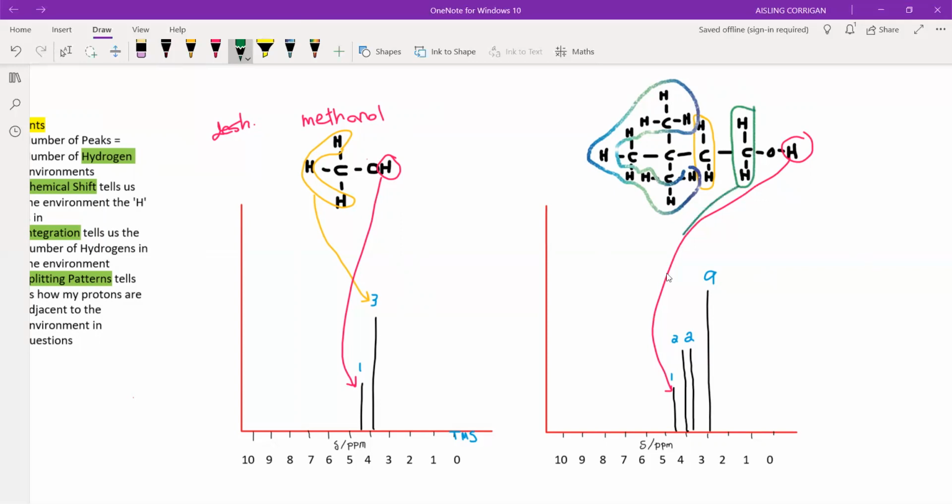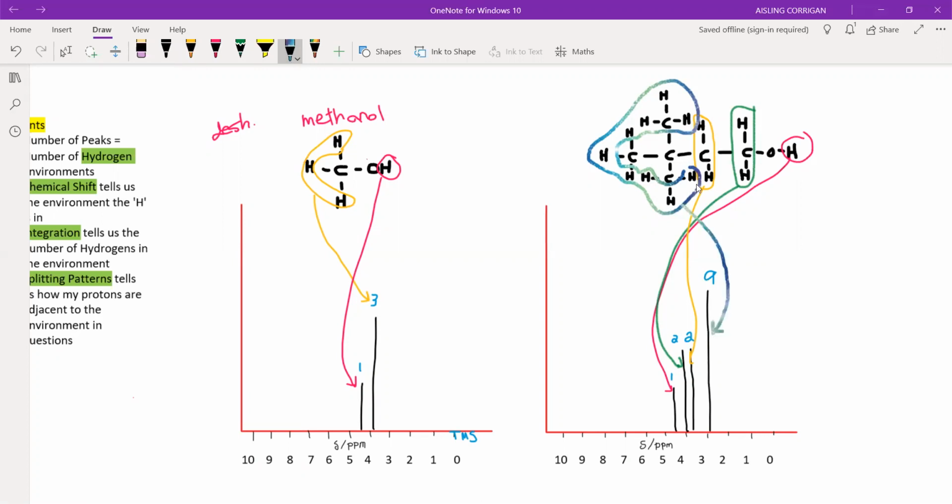So that has to be this one. This group, however, is going to be the next one. So again, it's not as affected by the influence of this electronegative oxygen. And then last but not least, 9 hydrogens, it's going to have to be process of elimination. This belongs to this peak.